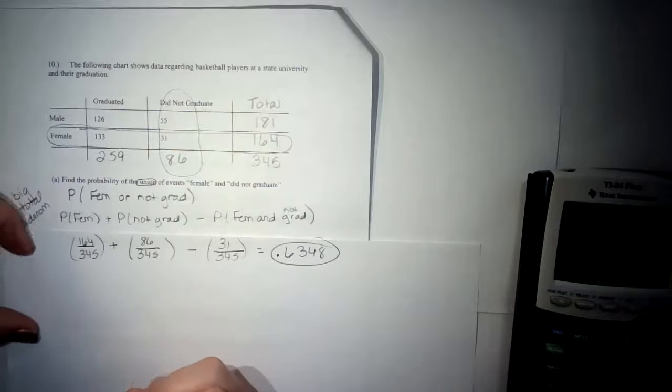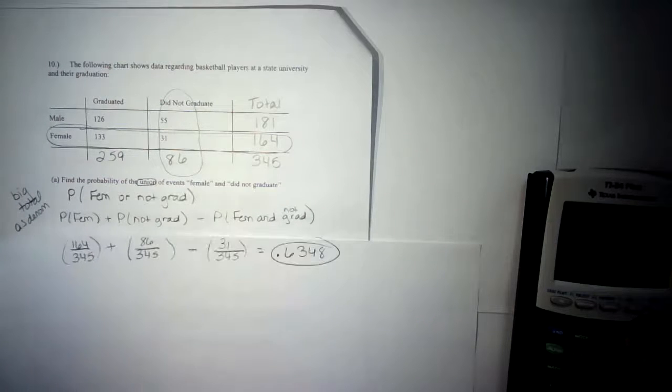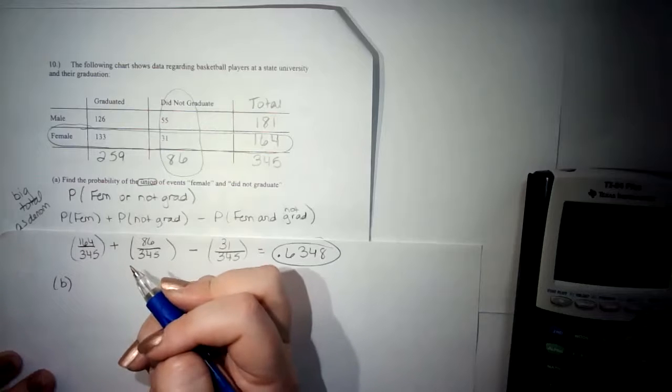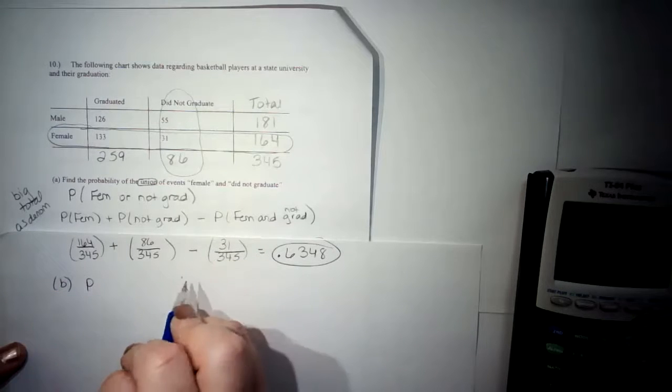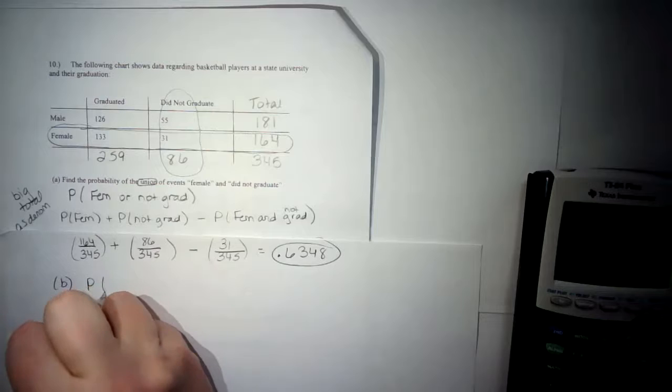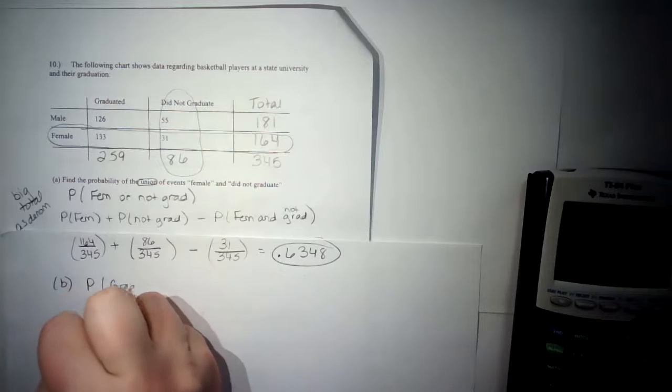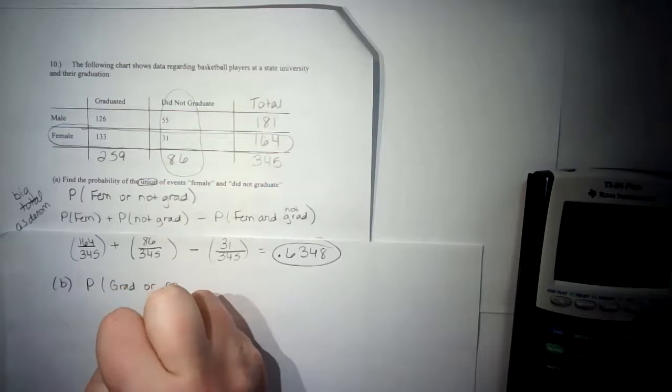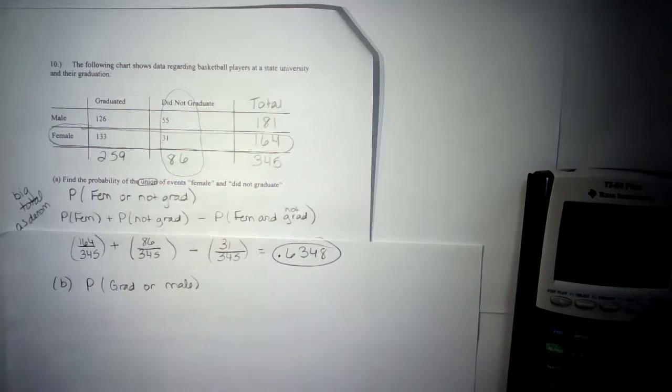All right, let's try B real quick. Okay, now we want to find the probability of the union of events. So we know we're doing plus and then a minus, of graduated or male, right? That would be another way it would be written. That's how you would know what you're supposed to be doing.